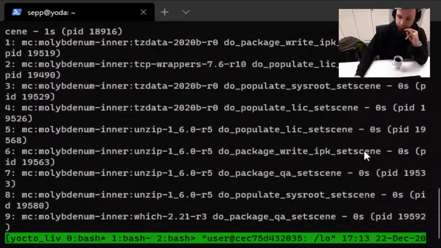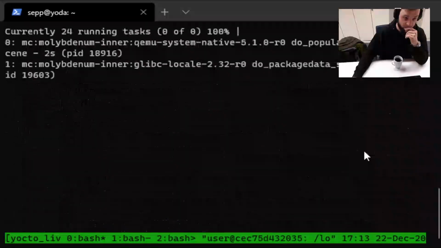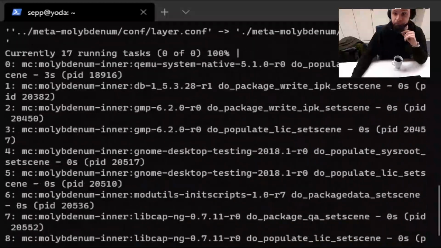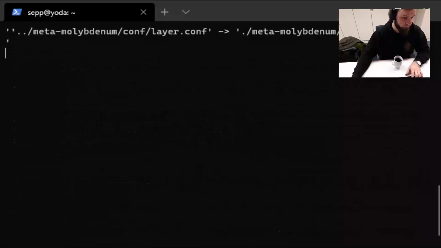I think we're fast enough so we can try and give it a QEMU boot even. Maybe, hopefully.